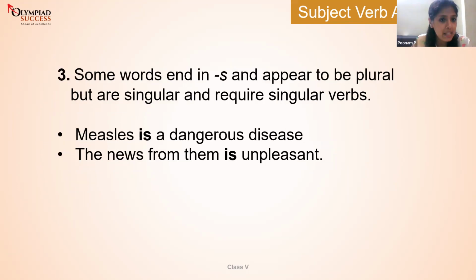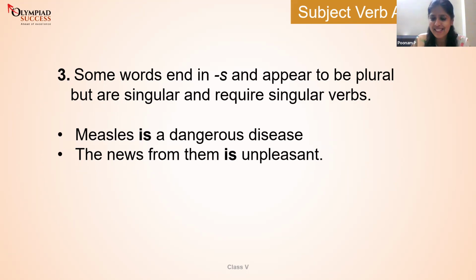Some words end in S and appear to be plural, but are singular and require singular verbs. Measles, the news. You look at these, measles, it ends with S. News. Do you have a singular form for news? Can I say new?